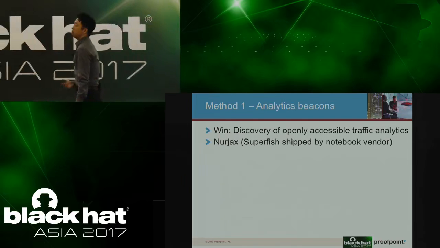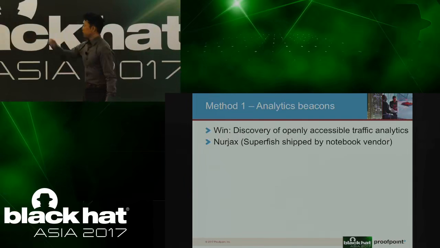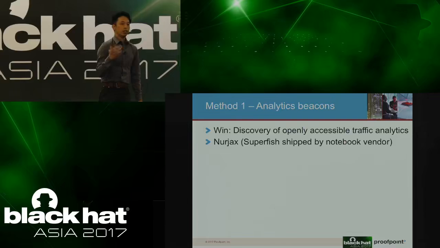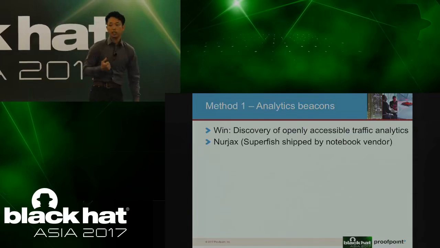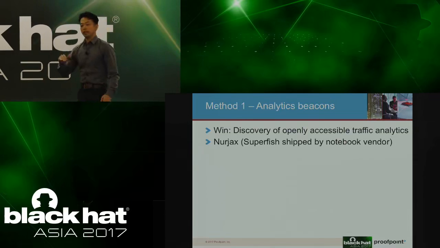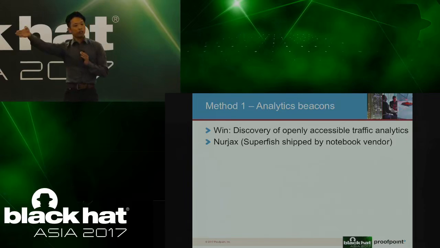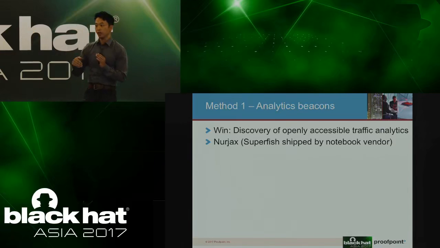Method one, analytics beacons. Some of these command and control URLs or C2 URLs that you have in your hands will be analytics beacons from the malware. So when malware calls home, they will be linking to their command and control panel or command and control server to upload stolen data and also to retrieve further commands to execute on the infected endpoint.